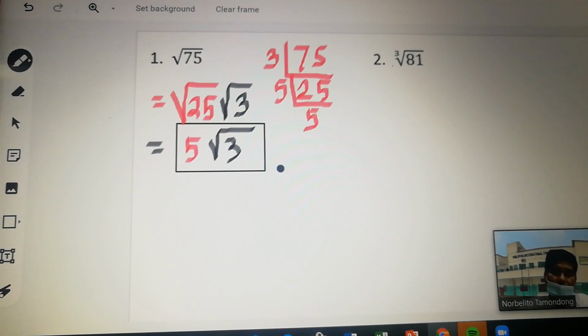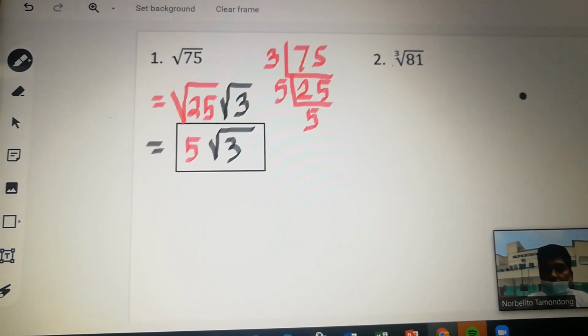Now, in number 2, your index is 3. So what are you going to do? You are going to find the greatest perfect cube factor of 81. What is the perfect cube factor of 81?